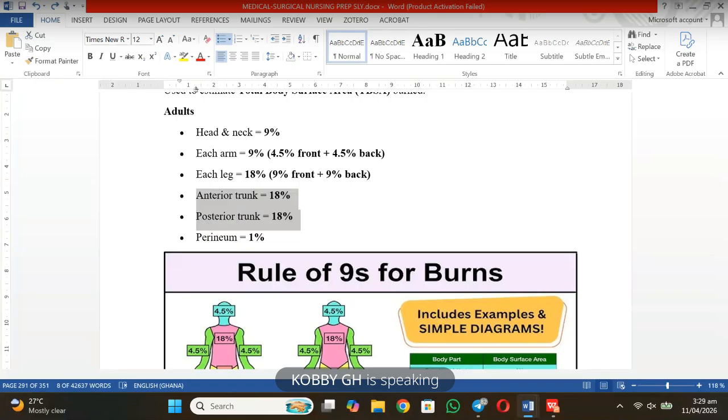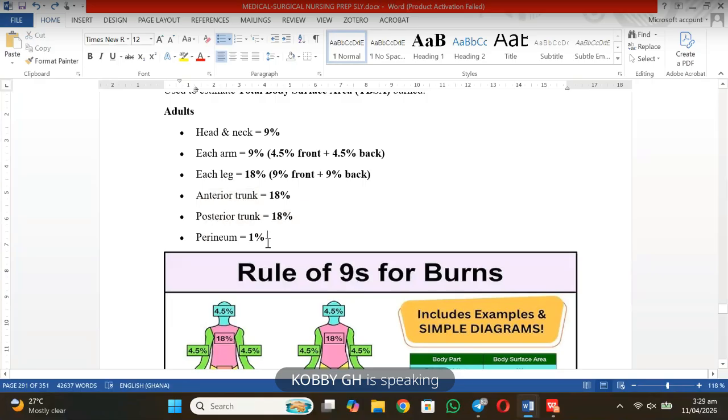If the examiner says stomach and doesn't specify, we have the anterior stomach and the posterior stomach, so that one too will be 18. So you always have to be smart. Is that okay? Good. And then the perineal region is 1%.